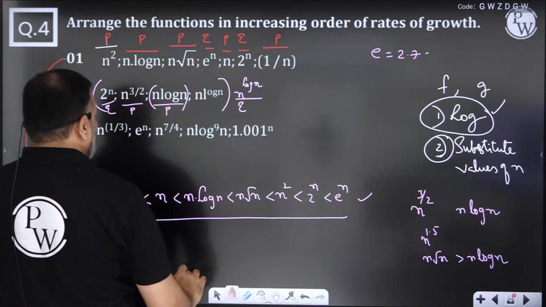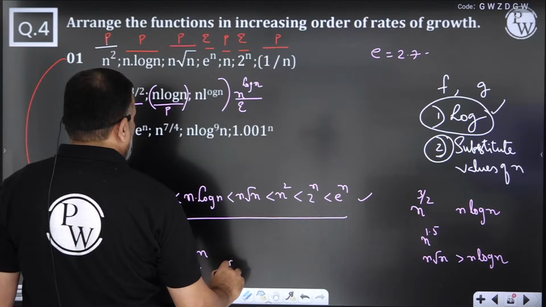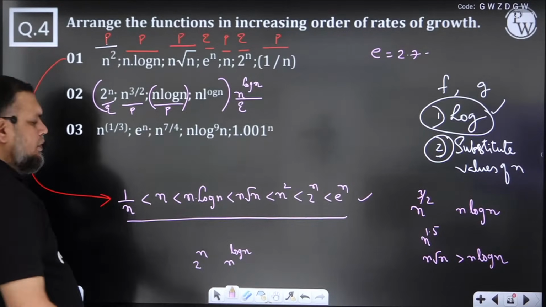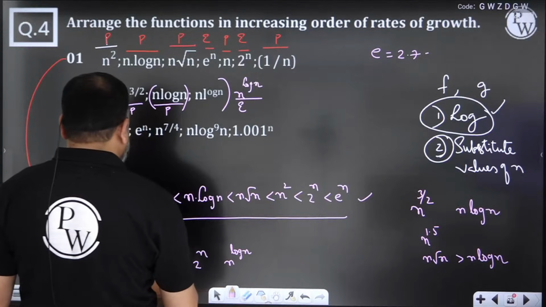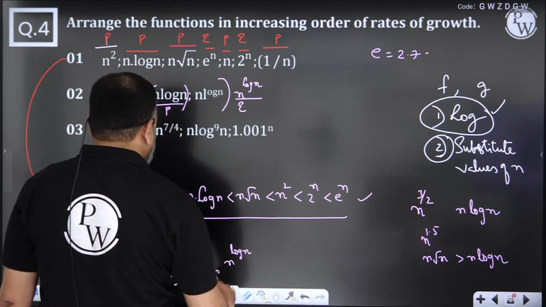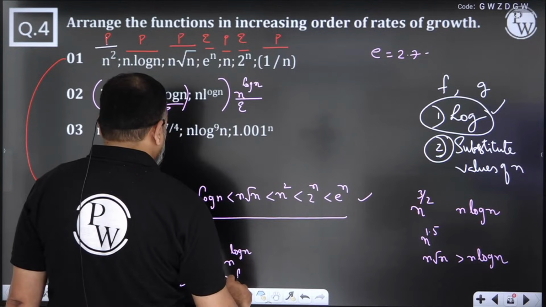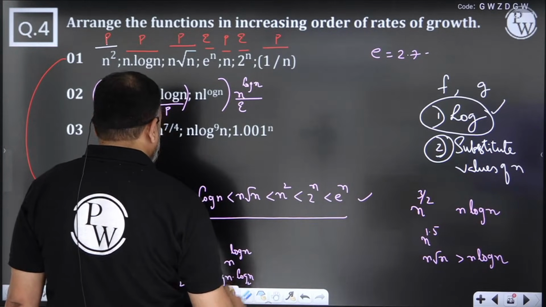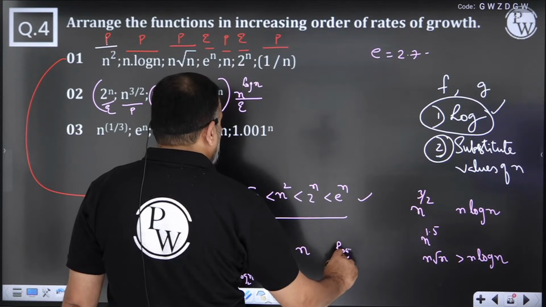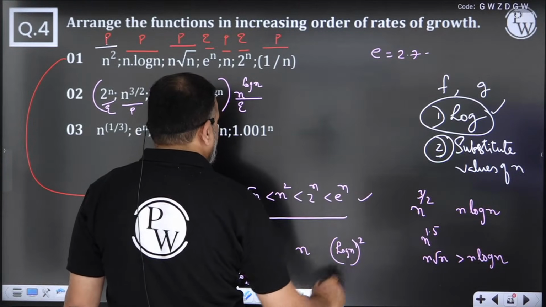If there are two functions, 2 power n and n power log n, which is greater? Take log of both. This will become n into log 2, log 2 to base 2, and this will become log n into log n to base 2. So I have to compare between n and (log n) power 2.